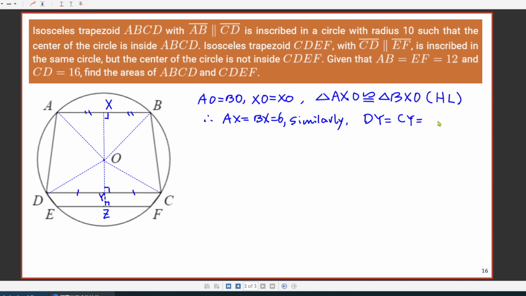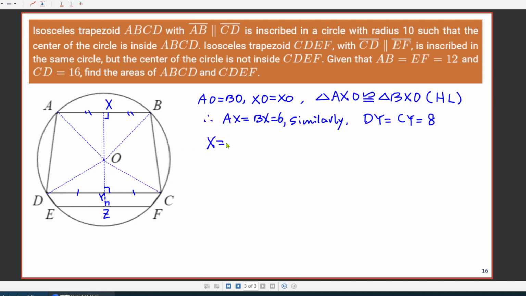And DY equals CY equals 8. Then we can now use the Pythagorean theorem on triangle XOA and triangle DOY to determine the length of XO, this side, and the length of YO, right?